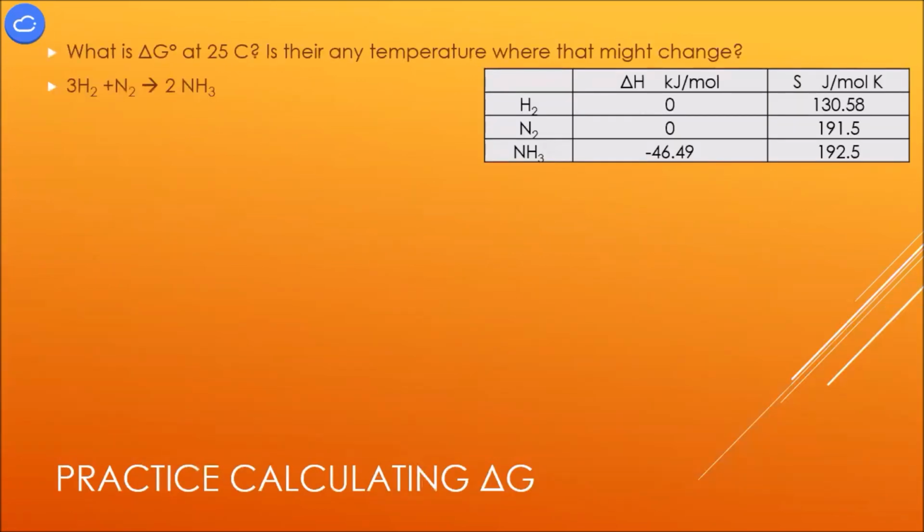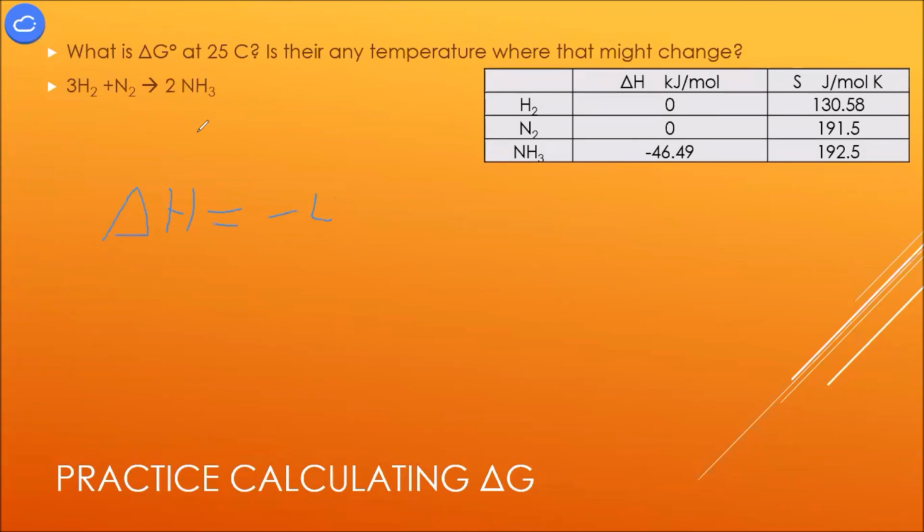Now, I'm going to just show this in practice. What is the delta G at 25 degrees Celsius? And then, is there any temperature where that might change? I'm just going to work directly on my slide. So calculate our delta H. Delta H is our products minus our reactants.